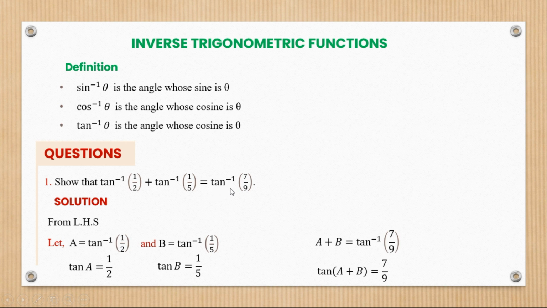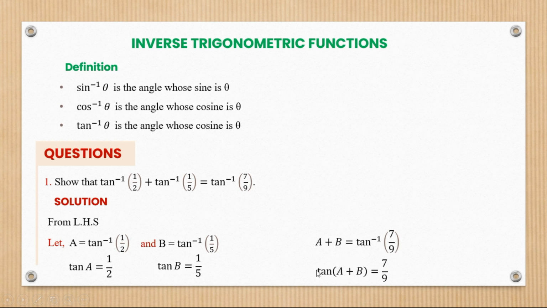Since the value we need to prove on the other side is tan inverse of 7 over 9, and we've given these the values A and B, what we have to prove is that tan of A plus B is equal to 7 over 9.